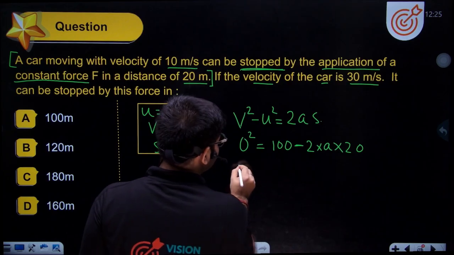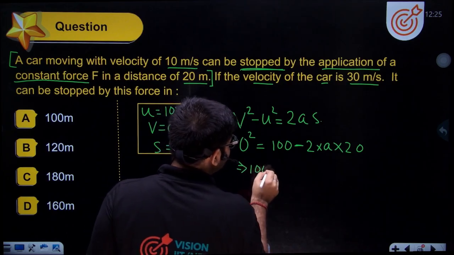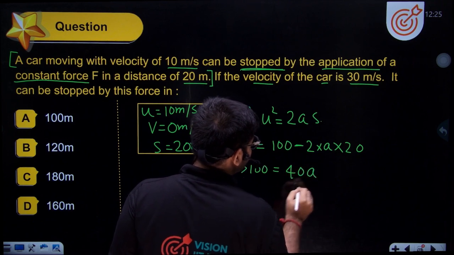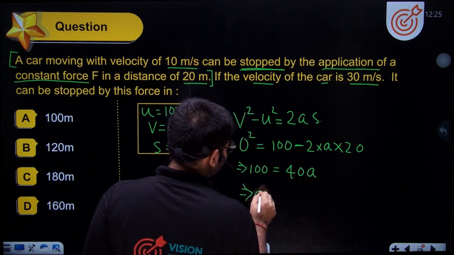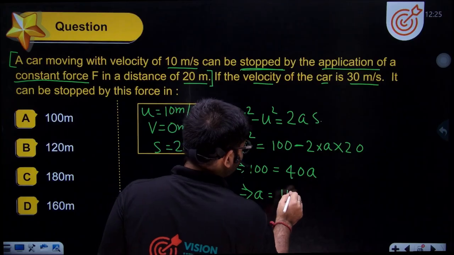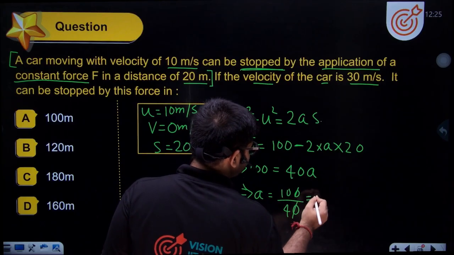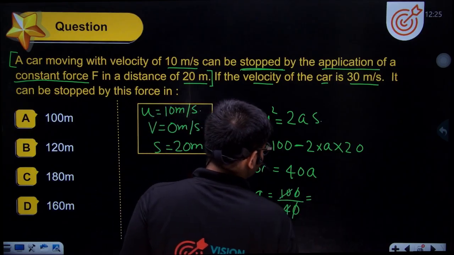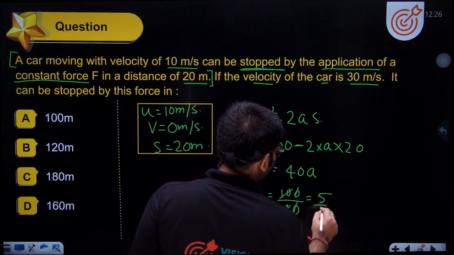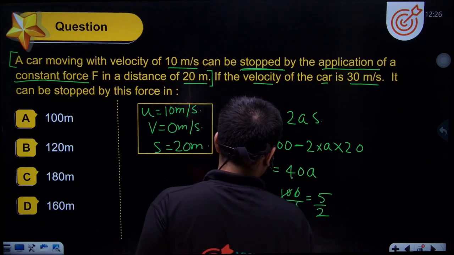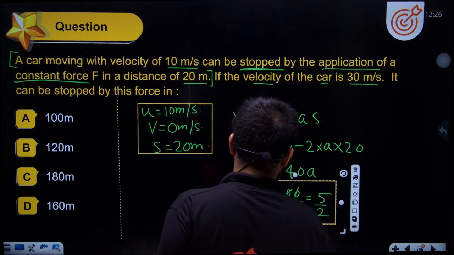So 100 is equal to 40a. So what will be the value of a? 100 by 40. That means a is going to be 5/2.